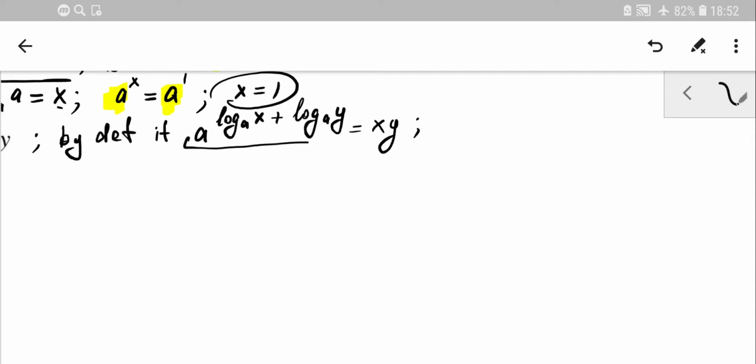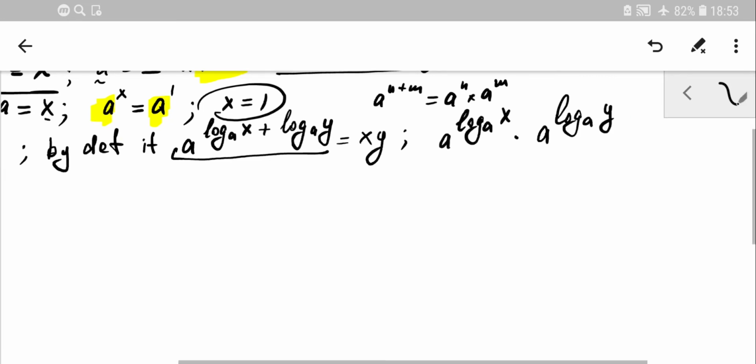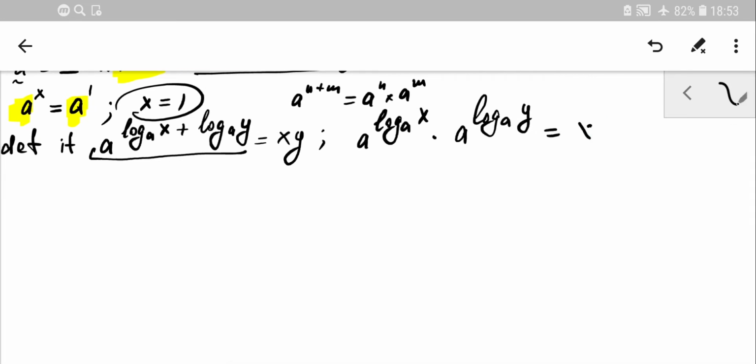Because of a to the power of a sum, we remember the power property: if we have n plus m, the result will be a to the power of n times a to the power of m. If we apply this property here, we'll get a to the log a x times a to the log a y, and the result is going to be xy.